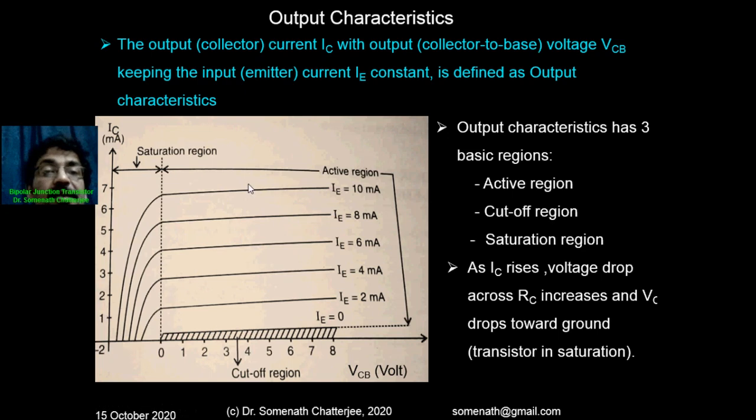So our important part is this active region for amplification. Please understand, the active region is responsible for giving us the amplification, and we will discuss it in a later slide, and this part is for the switching action. Okay, so I think you will not forget it.